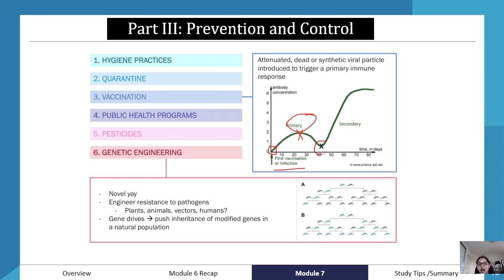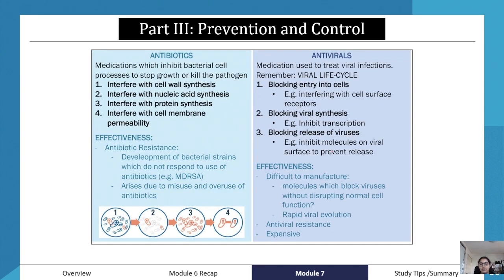The second time that you get it, you can see the slope here is so steep, the response is rapid, and the antibody concentration is so huge. So vaccines play a huge role in that, and we've seen in the pandemic that they've played a significant role in reducing the severity of infections and also preventing infection.